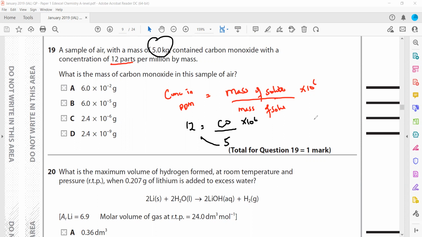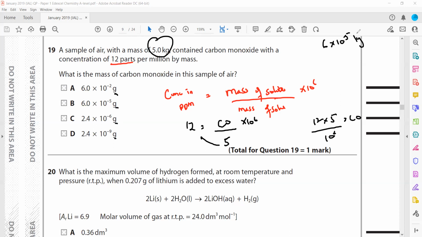So we cross multiply, 5 will be multiplied by 12. So 60 divided by 1 million, we'll get the mass, basically in kg. So this will come out as 6 into 10 to the power minus 5 kg.